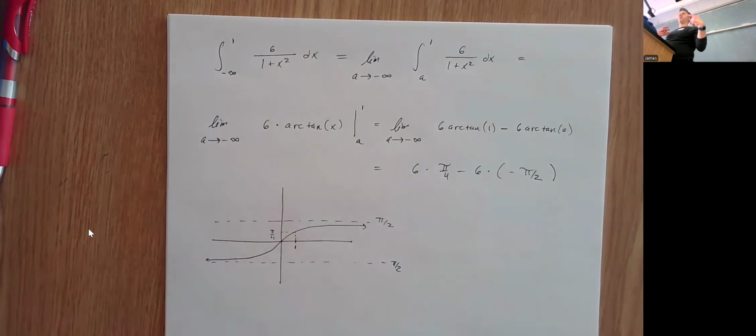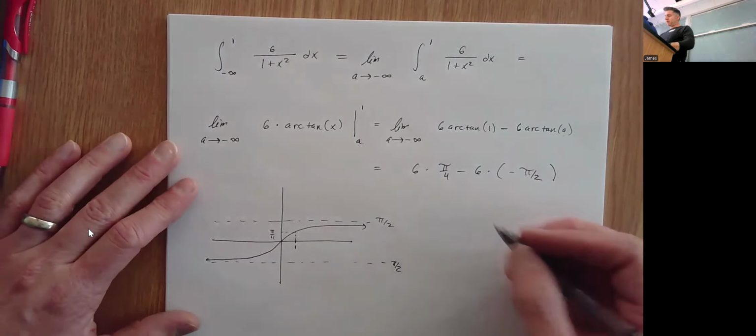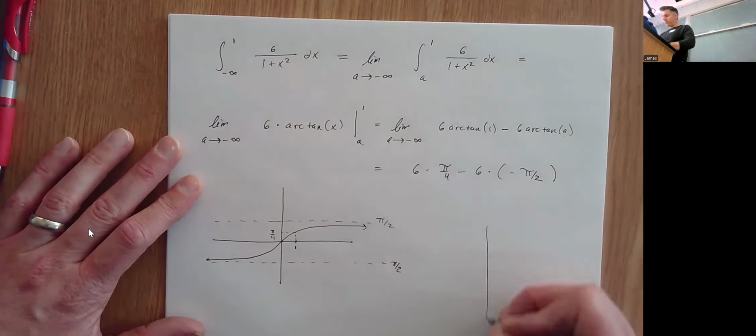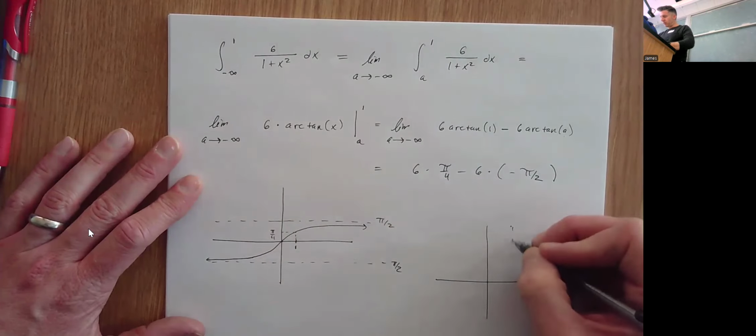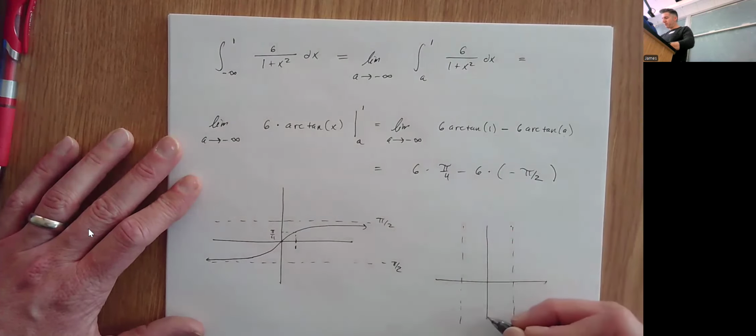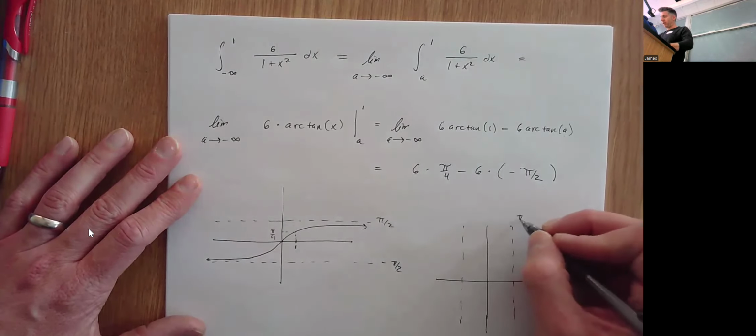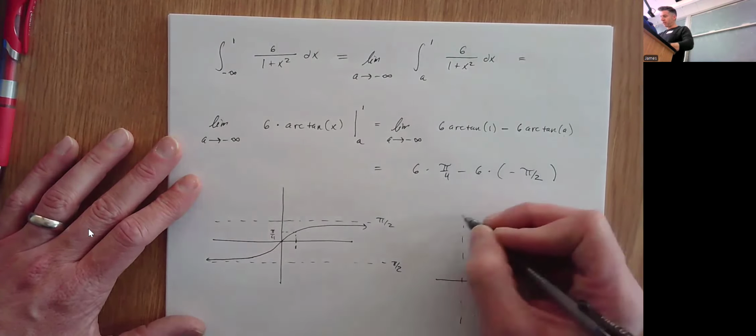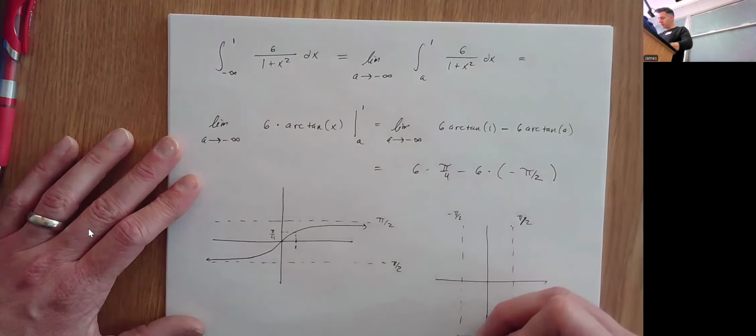Because we don't often remember pi over 2 for tangent. What we're really saying here, think about it this way: here's one period of the usual tangent graph, with the vertical asymptotes at pi over 2 and negative pi over 2.